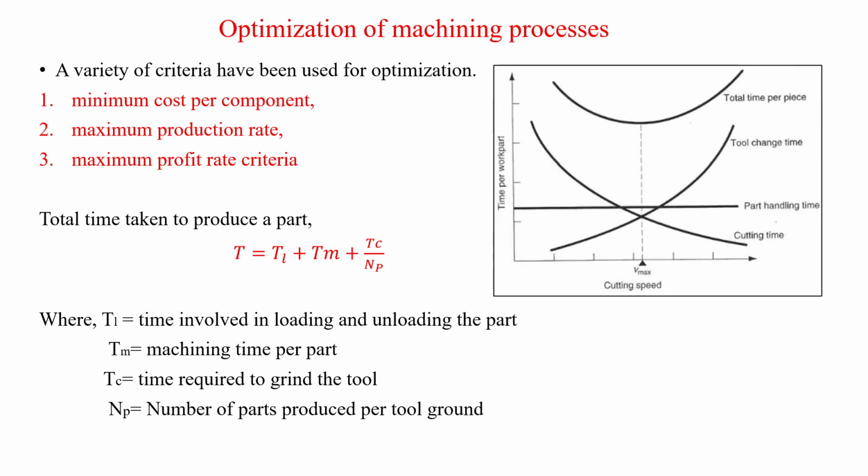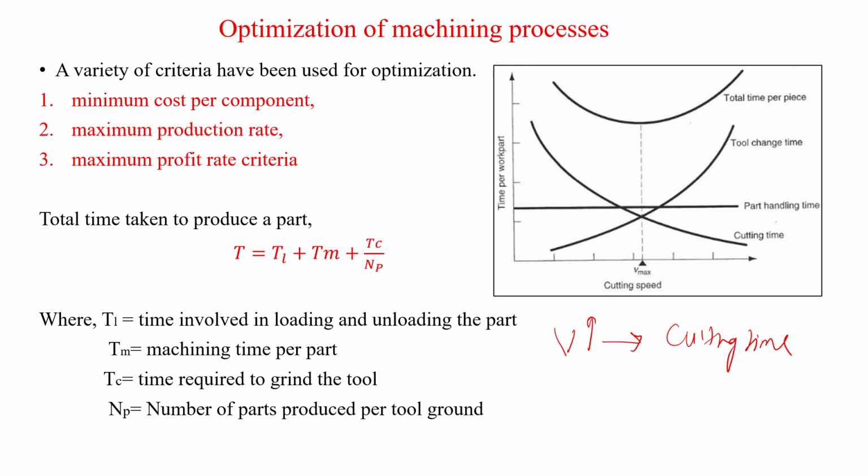Now we can see here the time with the cutting speed. If you increase the cutting speed, then the cutting time will decrease. For example, if it takes 1 minute to machine a particular material at a particular speed, if you increase the speed, then it will take less than 1 minute, right?